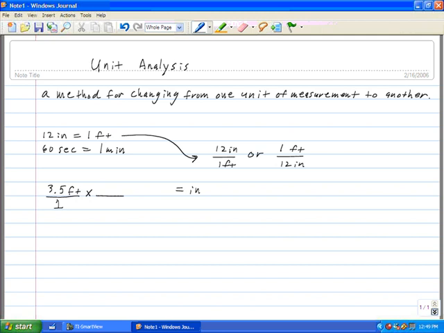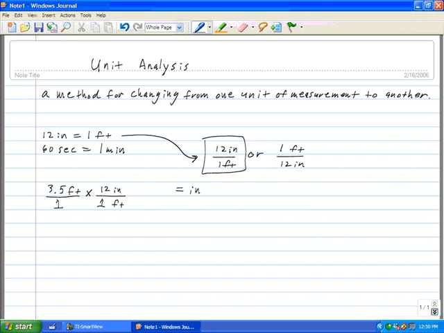And you're going to want to pay attention first to the units and to the numbers afterwards. You notice that we have feet on top here in this original value. For feet to cancel, since it's in the numerator in the first fraction, that means it has to show up in the denominator of the second fraction. And here is the fraction that has feet in the denominator where it needs to be to make the cancellation occur. So that means it's 12 inches over 1 foot, and that's the way we would write our answer.